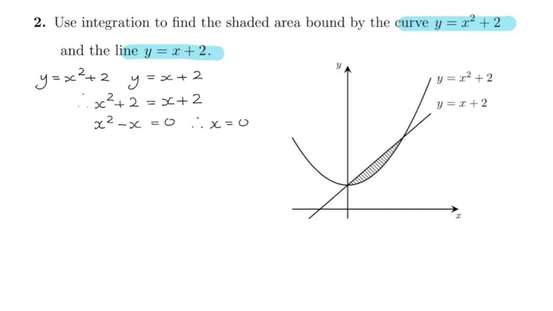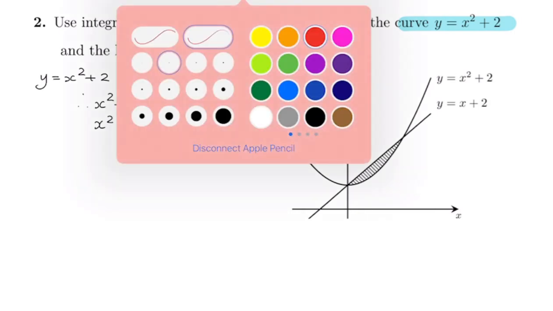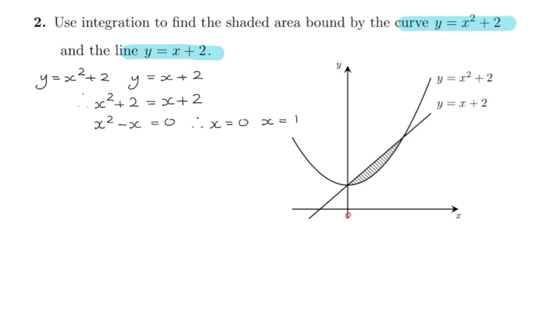Therefore, x equals 0 or x equals 1. We don't need the y part because we've not been asked to find the coordinates of the point of intersection. We need to find the x values of the point of intersection. So I'm going to put that on my diagram. So you can see there's 0 and this one is 1.